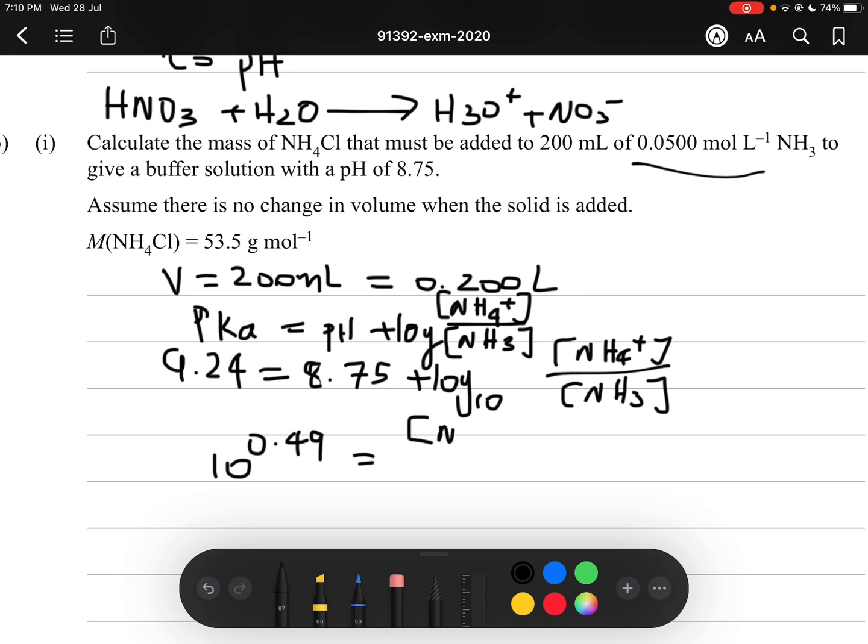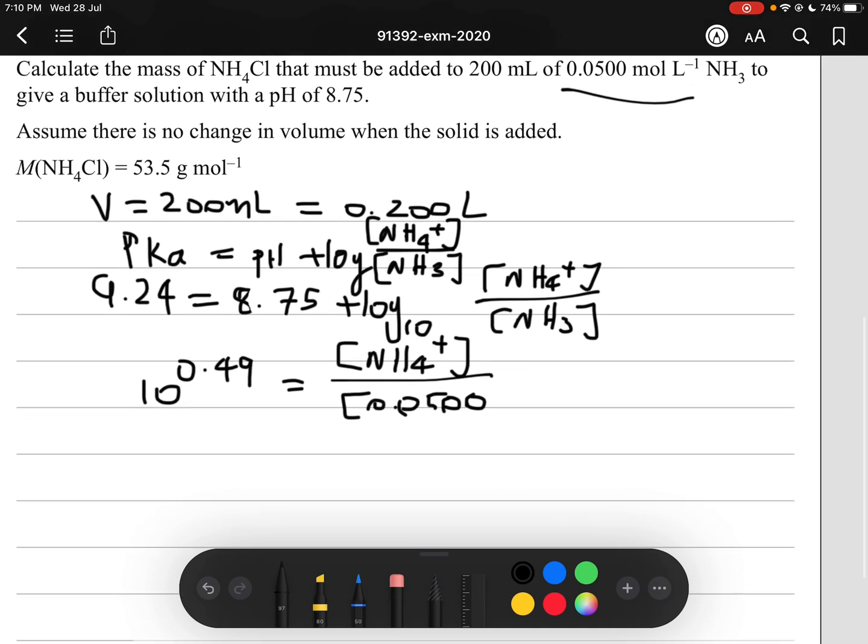So we just have our NH4 plus, which we don't know, over our NH3, which is 0.0500. So now we can multiply by 0.0500 on both sides. That is going to give us the NH4 plus concentration required is 0.1545 mole per liter.